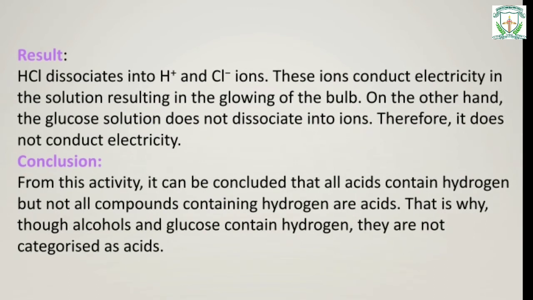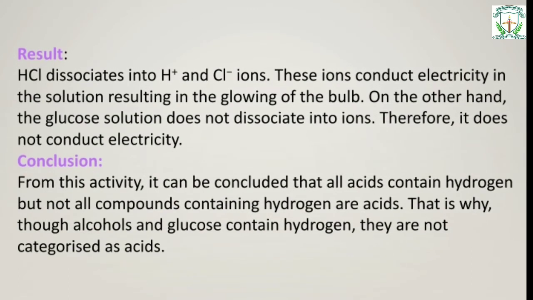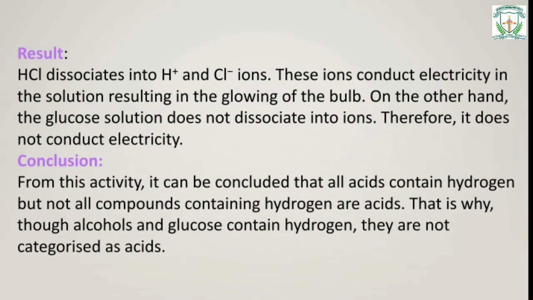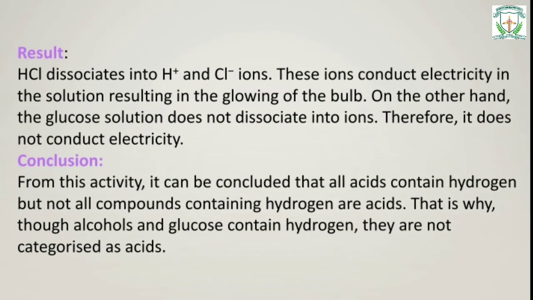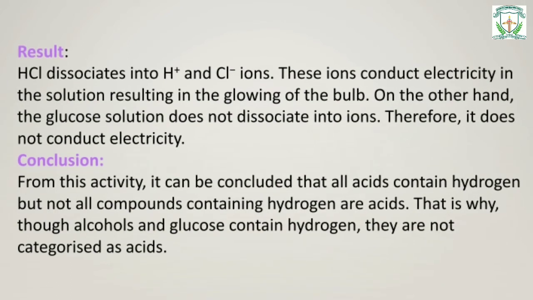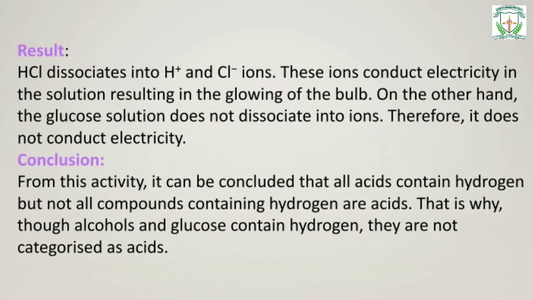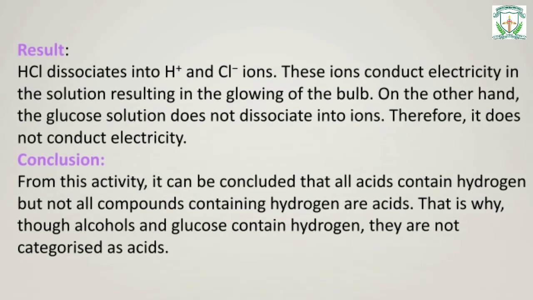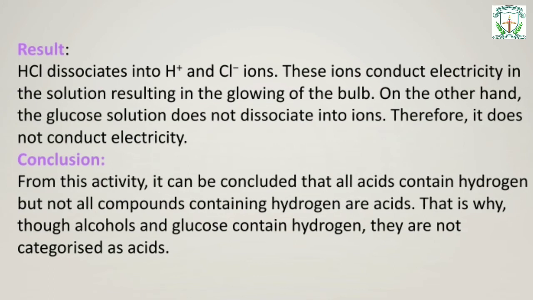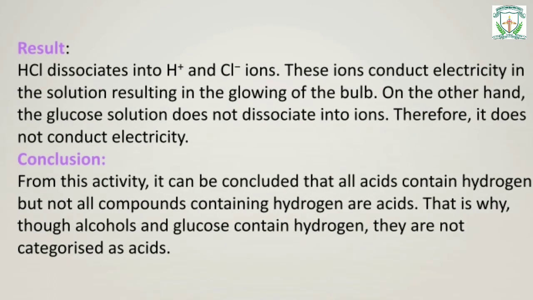Therefore, it does not conduct electricity. Conclusion: from this activity, it can be concluded that all acids contain hydrogen, but not all compounds containing hydrogen are acids. That is why, though alcohols and glucose contain hydrogen, they are not categorized as acids.